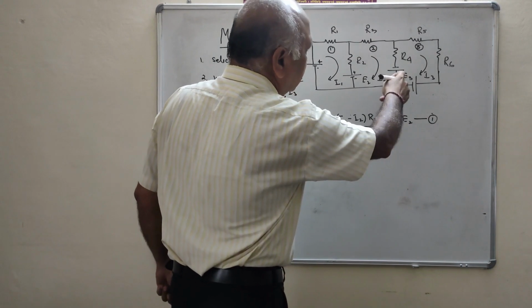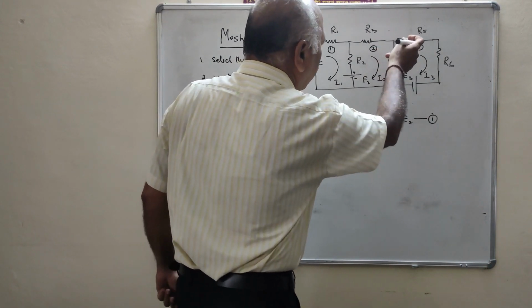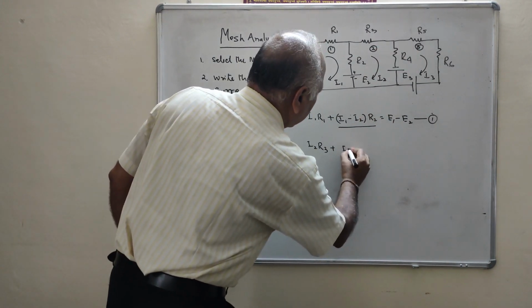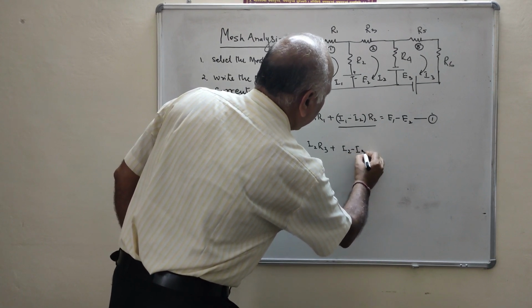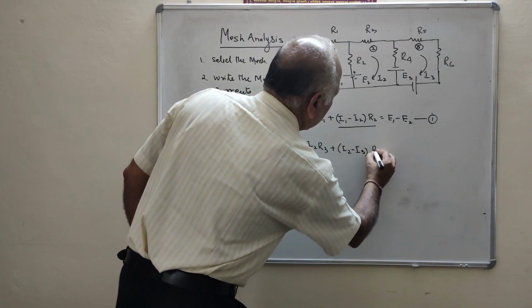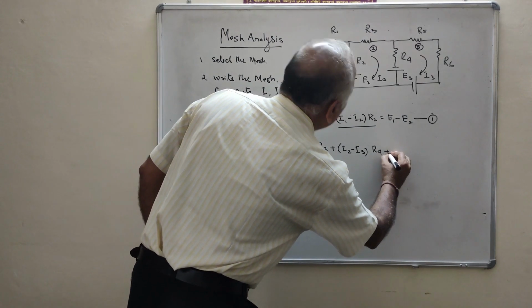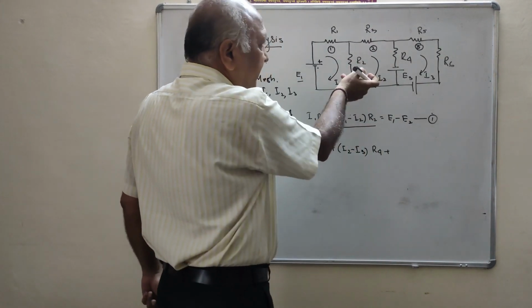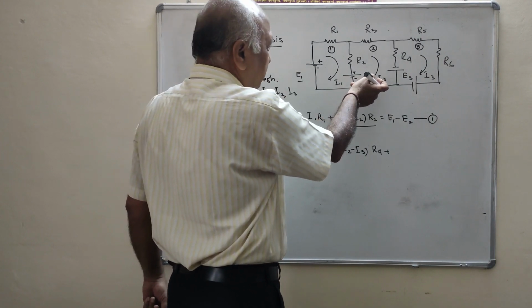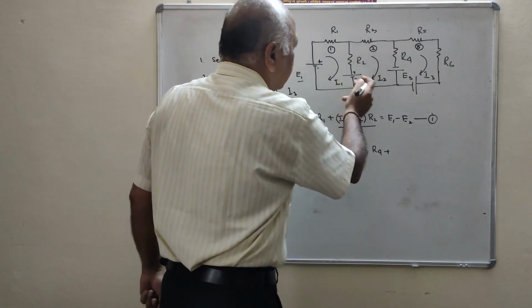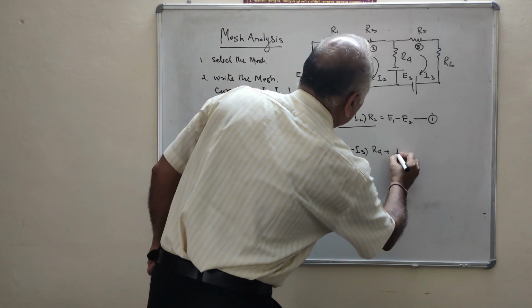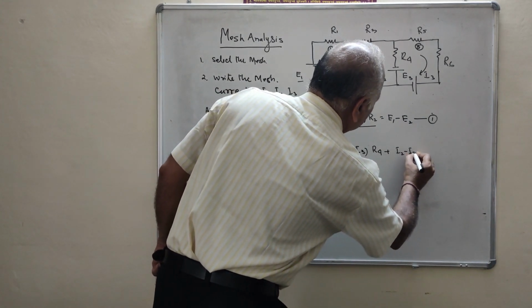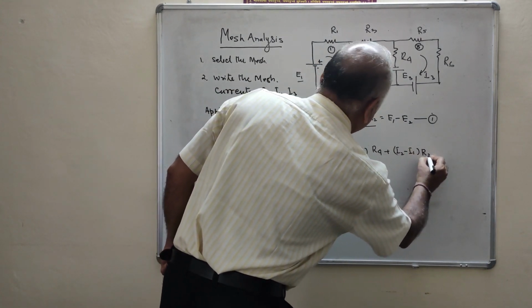That is I2 downward, I3 upward, and it will be I2 minus I3 into R4. Plus, for R2, which is the dominating current of mesh 2? I2. That means here the drop will be I2 minus I1 into R2.